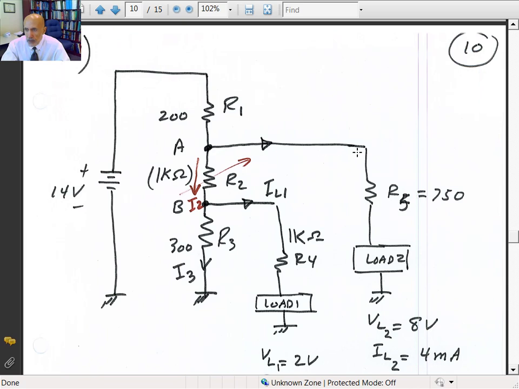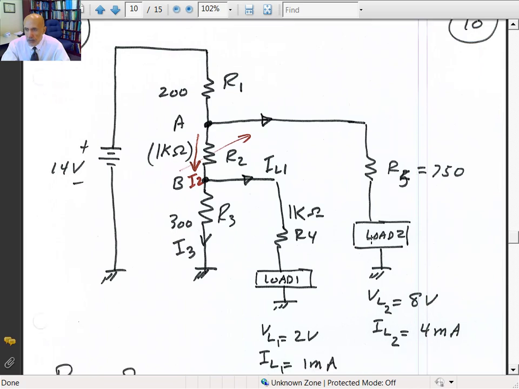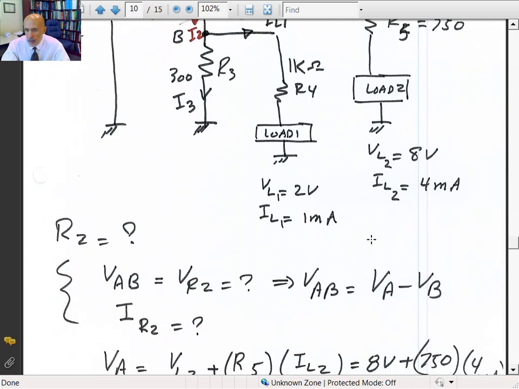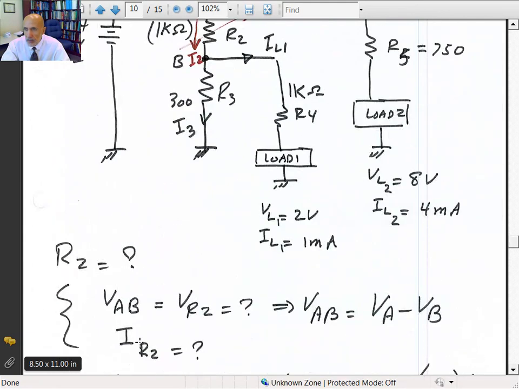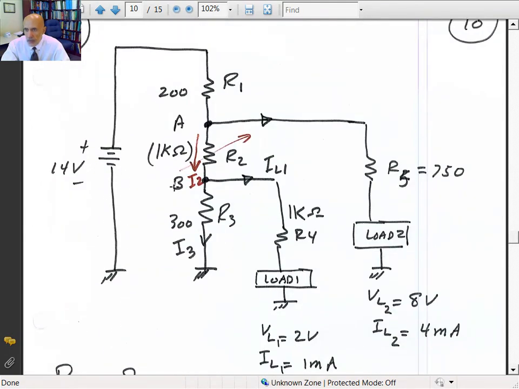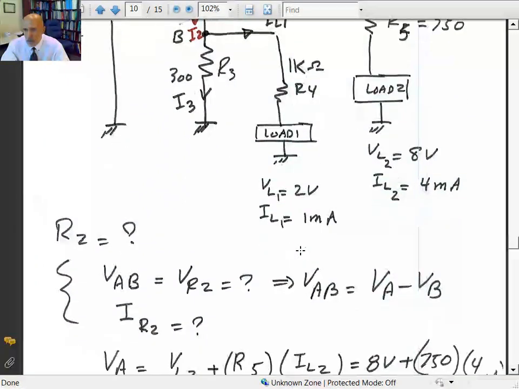Now, to calculate the current I2. If I know what the current I3 is, then I2 would be equal to I3 plus I of L1. There are two ways you can calculate, but it's easier because we know how much voltage we have here, and we can calculate the current I3, and we also have the current I of L1, which makes it a little bit easier.